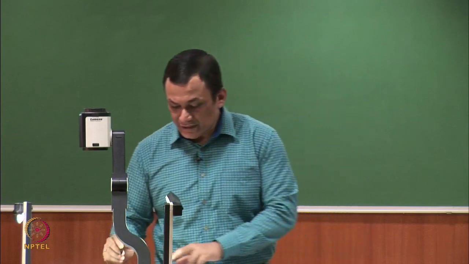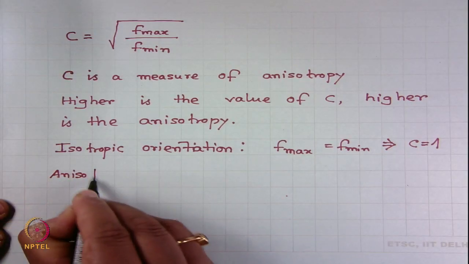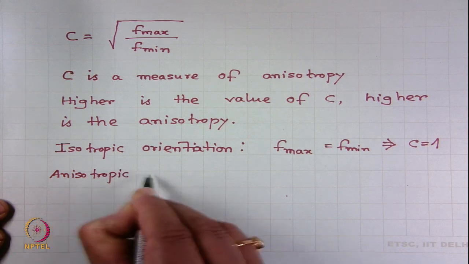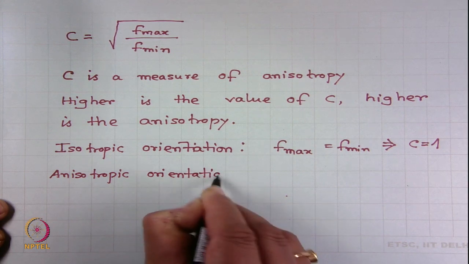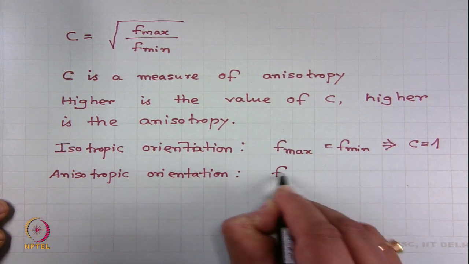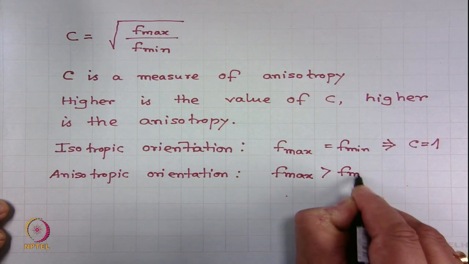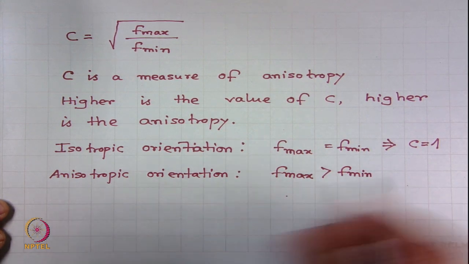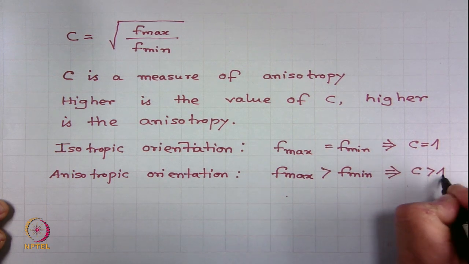For anisotropic orientation, f max is greater than f minimum. So, C must be greater than 1.